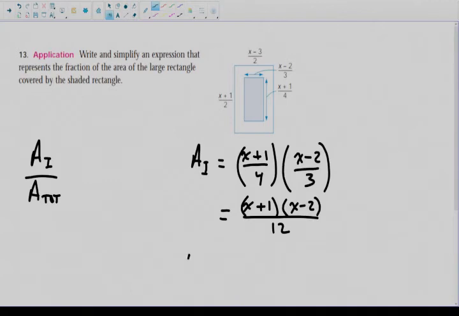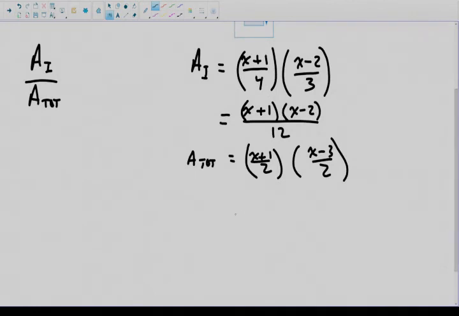Now the area of the total rectangle is going to be the outer dimensions, which is x plus 1 over 2 times x minus 3 over 2. And that'll just give x plus 1 times x minus 3 over 4. And now we have to divide the two.